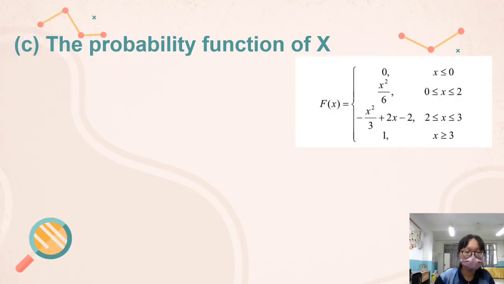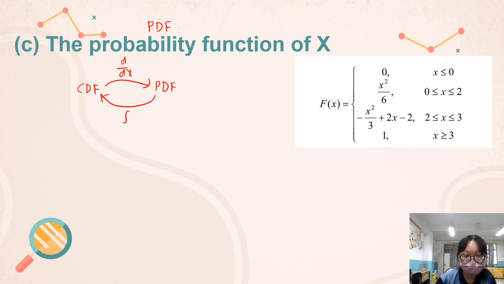For the next question, question C, we have to find the probability density function of X, which is PDF. So we have to change the CDF, the cumulative distribution function, to PDF. To turn a CDF into a PDF we use differentiation, and to turn a PDF into a CDF we use integration.